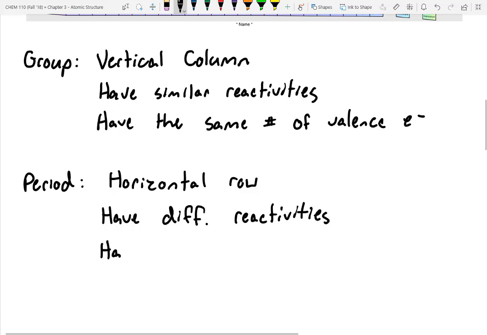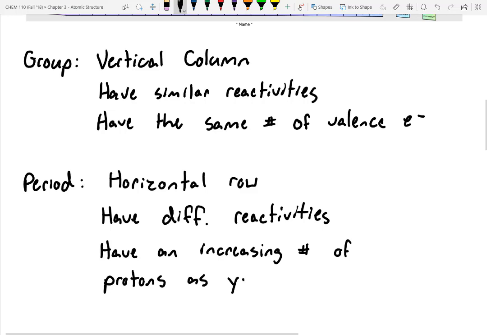And they have an increasing number of protons as you move right. So try not to flip-flop groups and periods. Primarily we're interested in groups because of their similar reactivity.